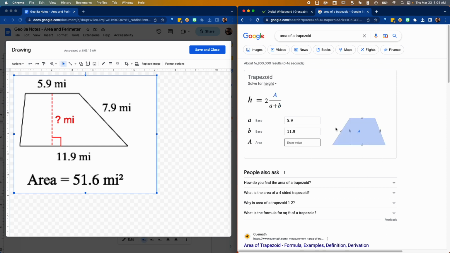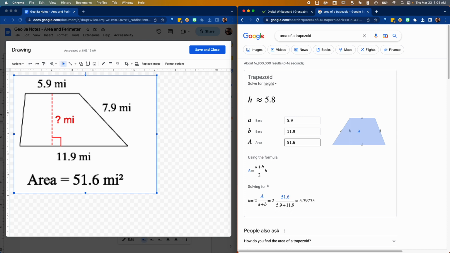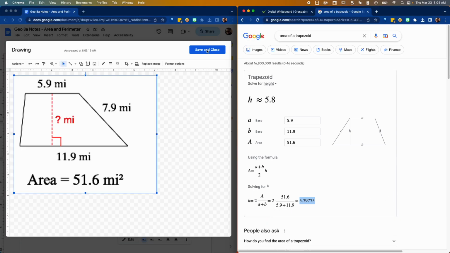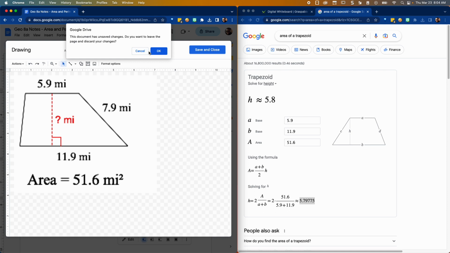And then the area is the total space that's enclosed, and that's 51.6. And after I do all those things, it actually already has the calculation running for me, and it has it evaluated and solved and everything. And then I have this piece here. It says 5.79775. So I'm going to screenshot this and put that in for my work.